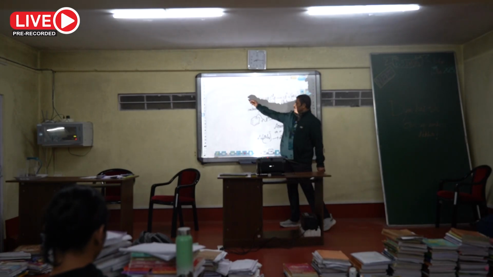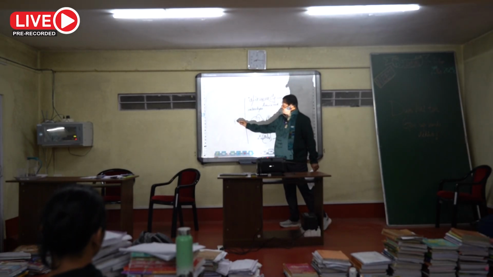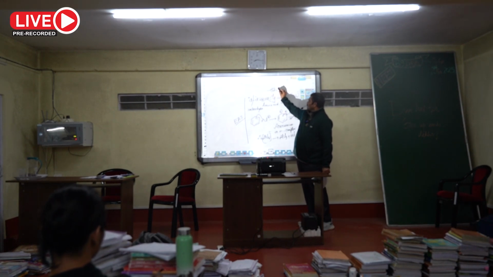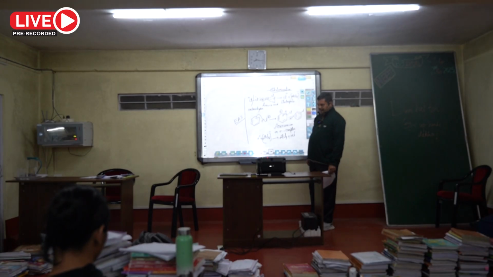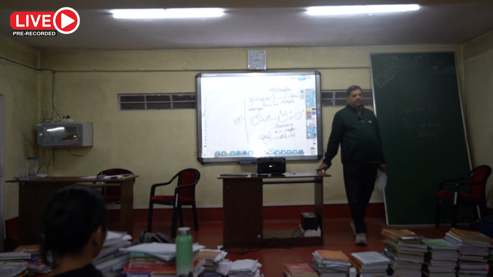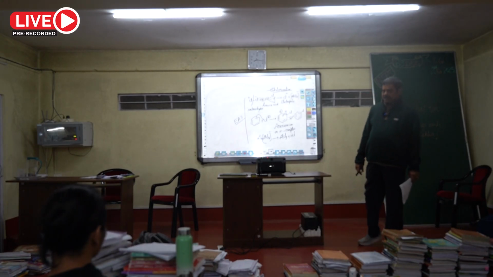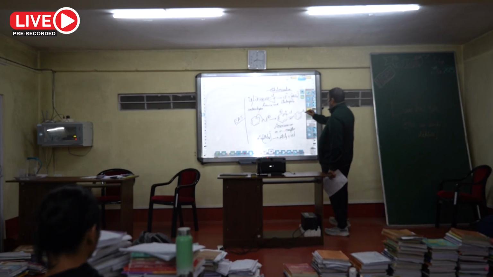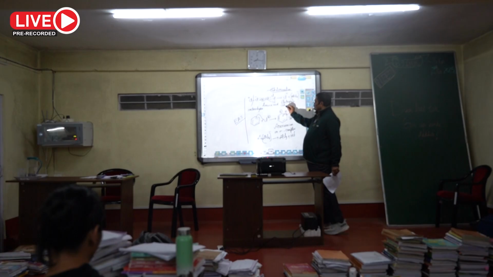This is the mechanism of electrophilic aromatic substitution in chlorination. Chlorination of benzene is an example of EAS, electrophilic aromatic substitution. Here the electrophile is the chloronium ion.